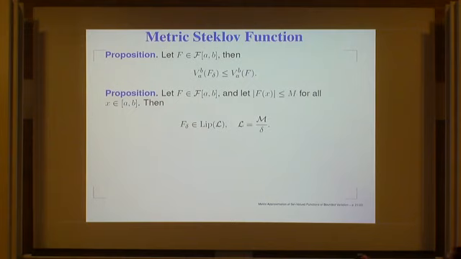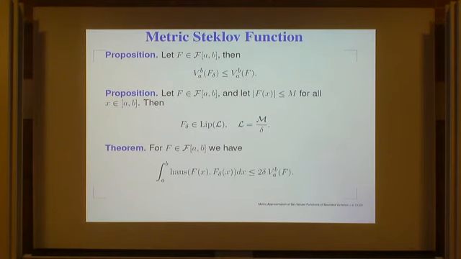That's why we divide here by delta. And then finally, the Steklov mean indeed approximates our original function in this sense, and the bound is 2 delta times the total variation of f.